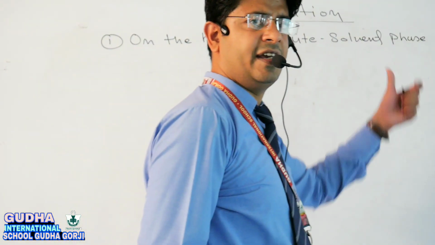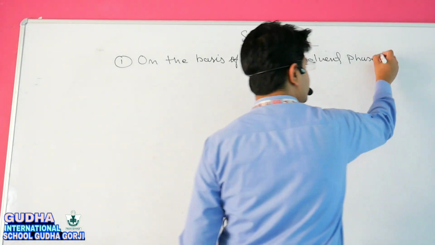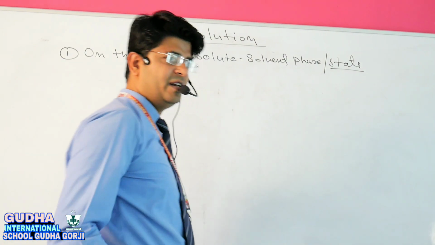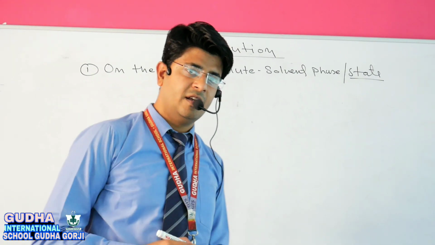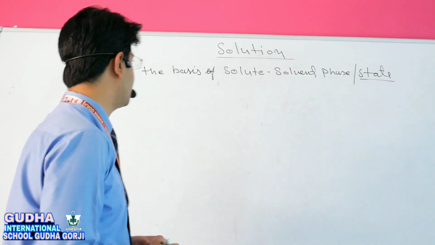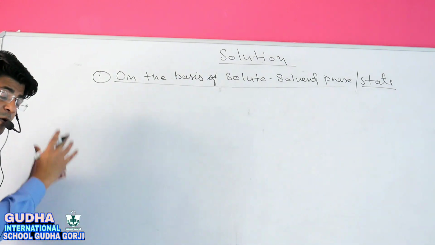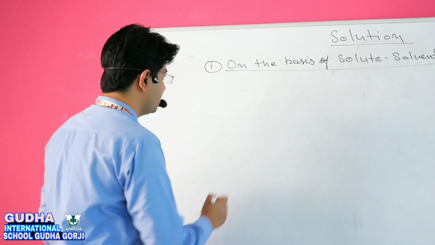Instead of phase, I can give another name also, state. This word is very familiar to all of us: liquid, solid, gas. Now see carefully. I'm going to make a table right now here. Let's see.